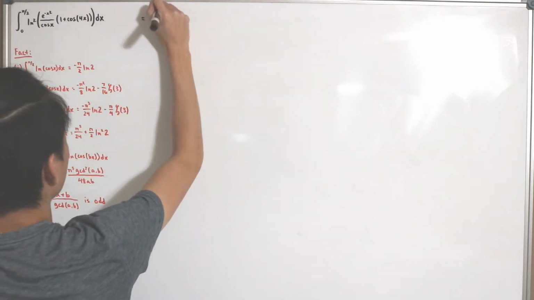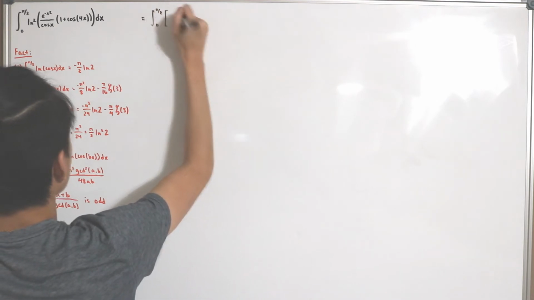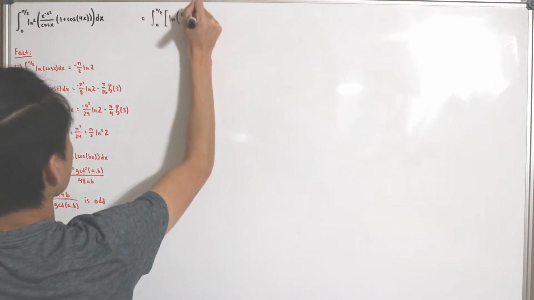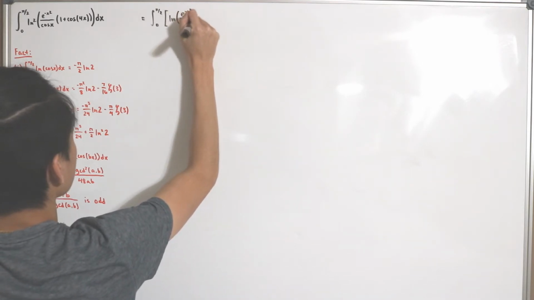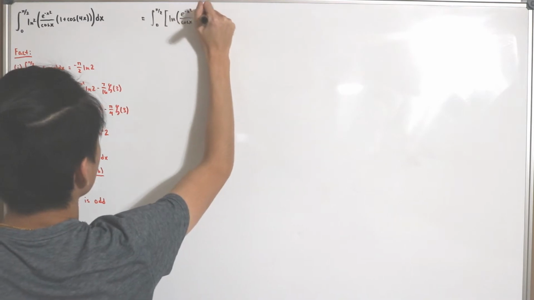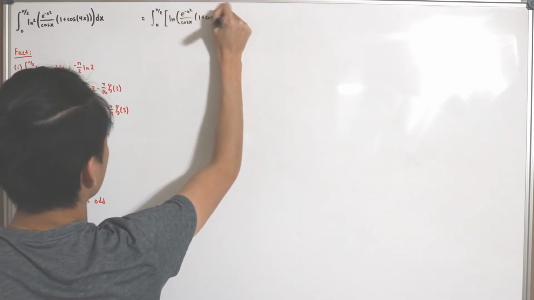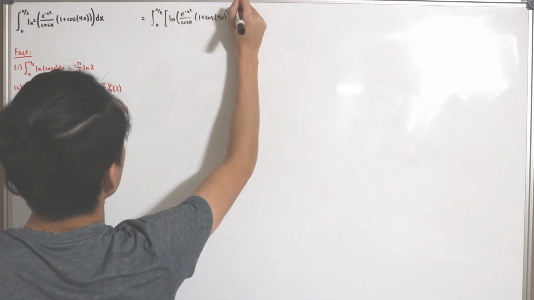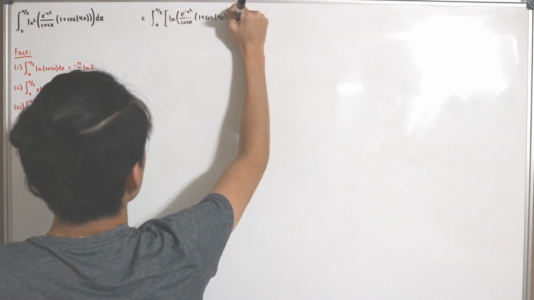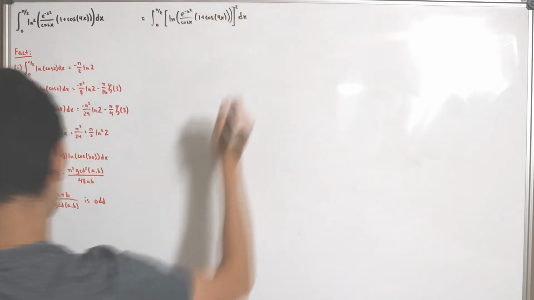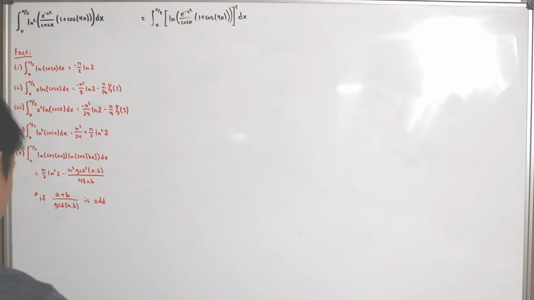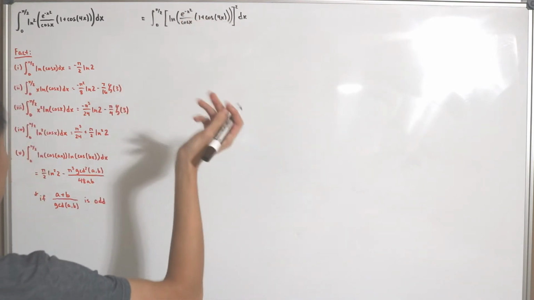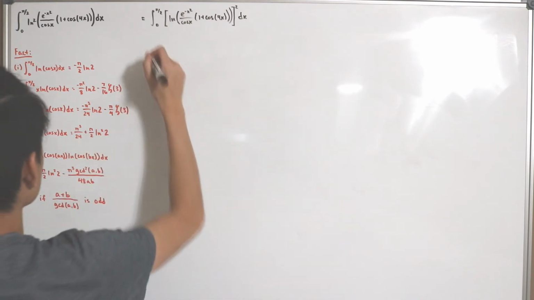So the integral from 0 to pi over 2 of the bracket of the natural log of e to the negative x squared divided by cosine x, then 1 plus cosine of 4x, that's bracket squared dx. Focusing on the inside, we can use our rules of natural logs to break our equation up a bit.